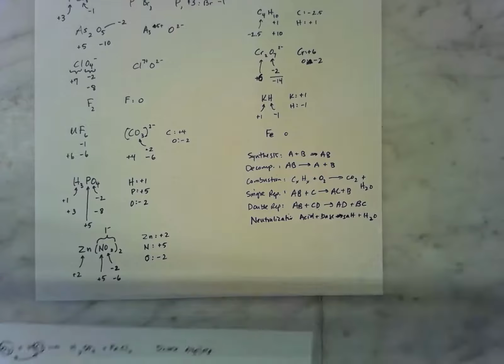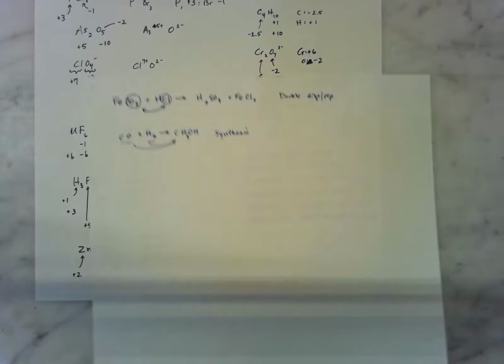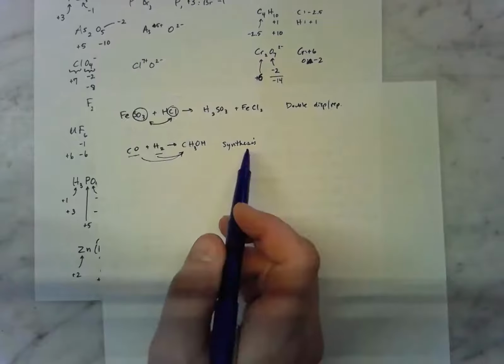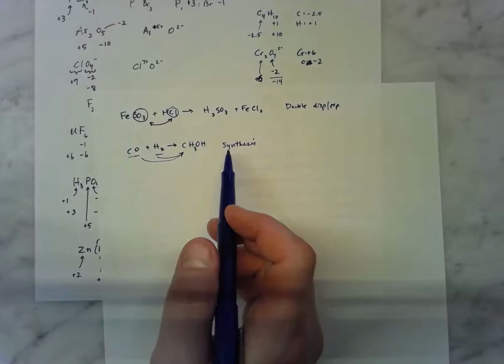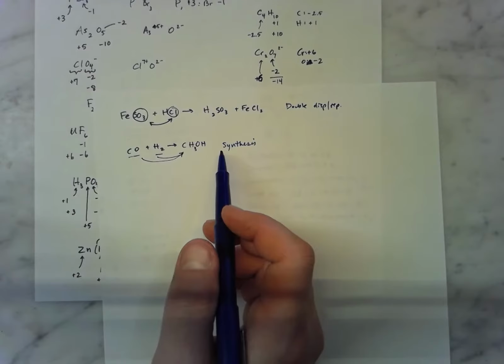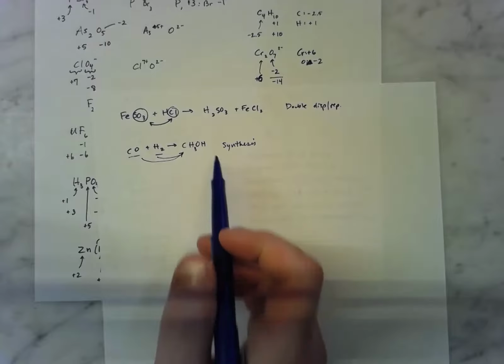So it's going to be one of those, and so don't make it more complicated than it is. If it's smaller things making a bigger thing, that's synthesis. All right. Potassium carbonate is used to neutralize the sulfuric acid in well water caused by acid rain. The products of the neutralization are potassium sulfate, carbon dioxide, and water. Okay, I don't love that carbon dioxide there, but it tells you it's a neutralization reaction, so we'll go with that.